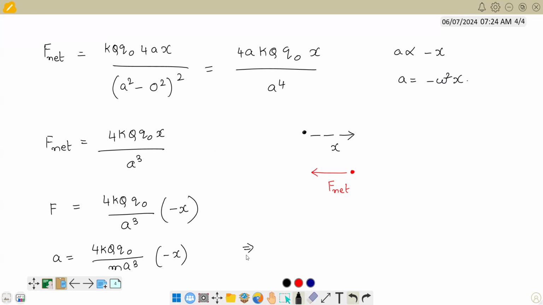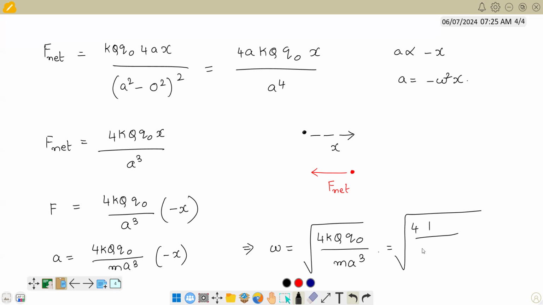Using that logic, we will get omega equals root of 4k q naught by m into a cube. Let me substitute the value of k, 4 into 1 by 4 pi epsilon naught into q naught by m a cube.